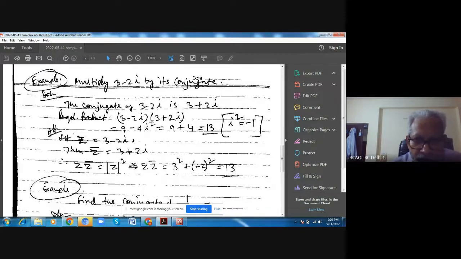Because if we put iota square as minus 1, that means 9 minus 4 in bracket minus 1. Bracket means multiplication, so minus 4 into minus 1 is ultimately a plus. So 9 plus 4 is 13. Again, here is also the same thing. This is your complex number 3 minus 2 iota.